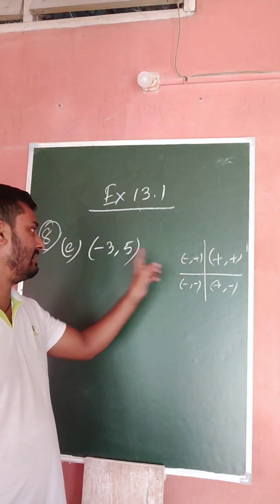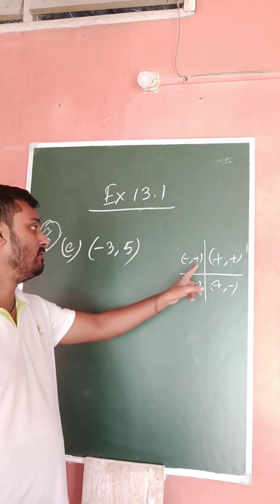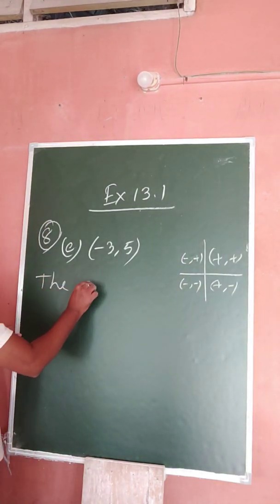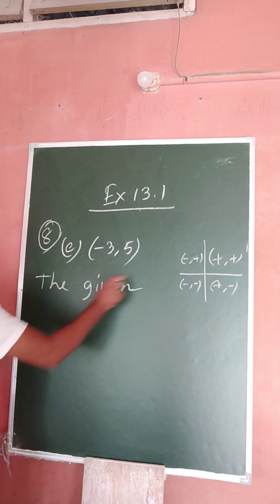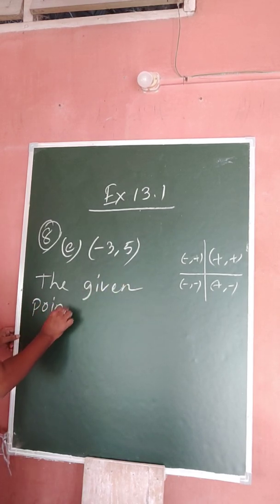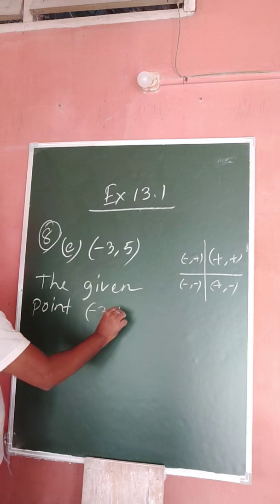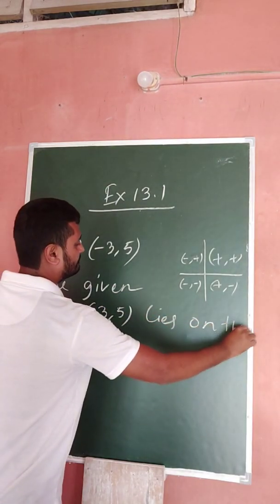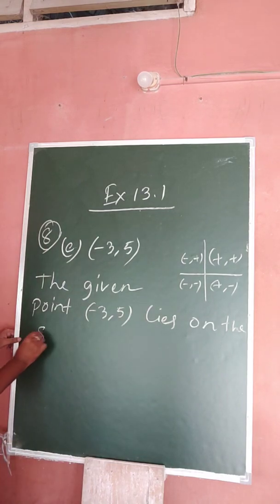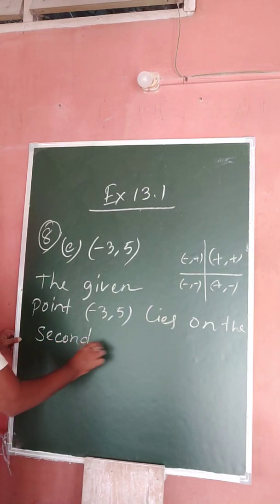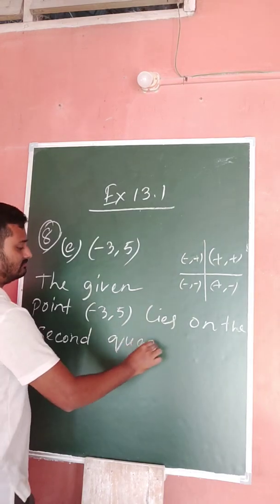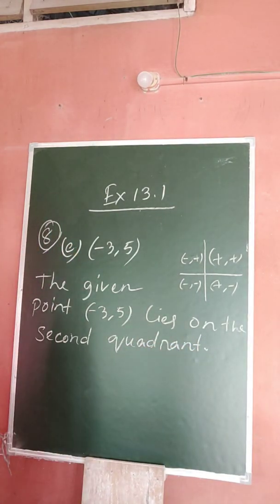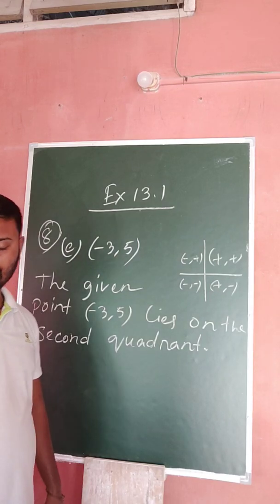On the second quadrant, x is negative and y is positive. So the given point -3, 5 lies on the second quadrant.